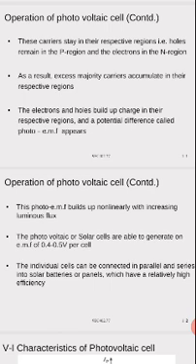This photo EMF builds up non-linearly with increasing luminous flux.